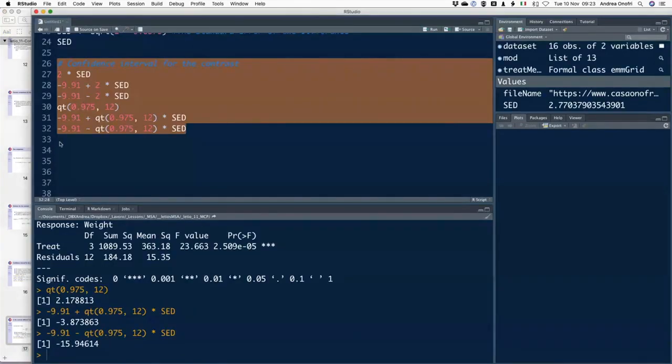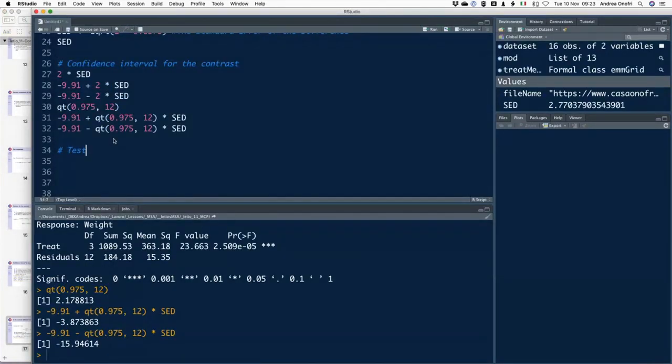So we take our difference. So, testing hypothesis. The hypothesis is that the contrast is equal to 0. So let's use a capital C. The contrast is 0. That's our null hypothesis. So if the null hypothesis is true, what we have observed is Ti.